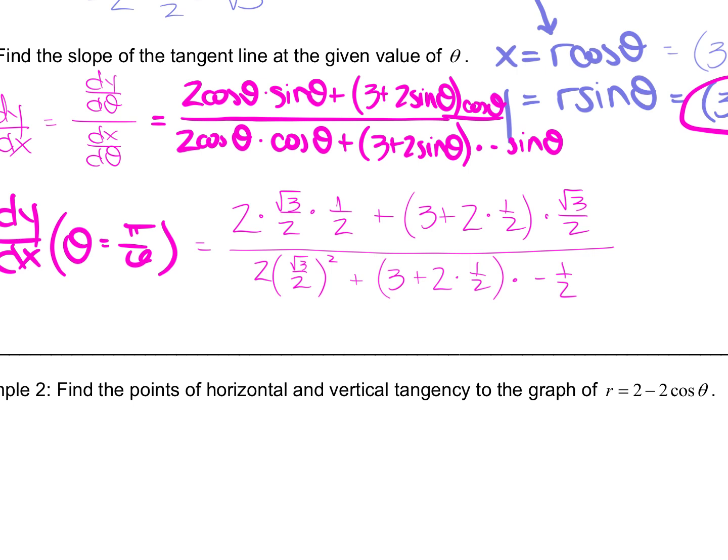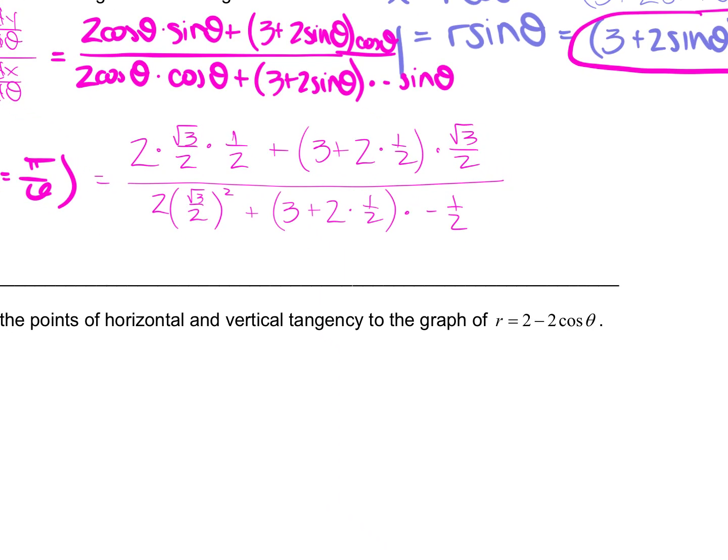So let's just do a quick cleanup on this, what that's going to look like. So this top left part, what's going to happen here? That cancels with that, and that becomes root 3 over 2. This parentheses, both places, becomes what? 4, right?